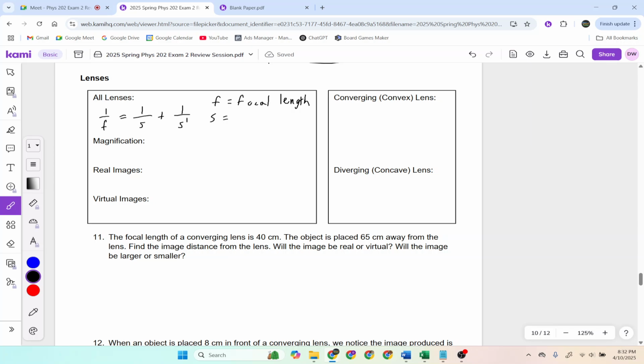s is going to be the object distance. In other words, how far away is your object from the lens? And then we call s prime the image distance, the distance from the image to the lens.